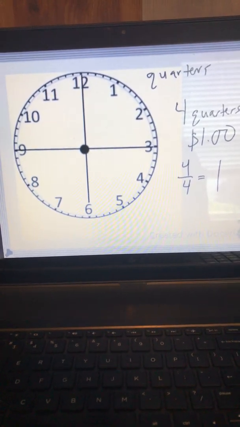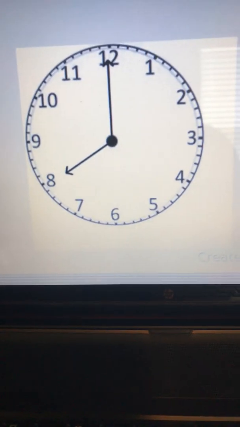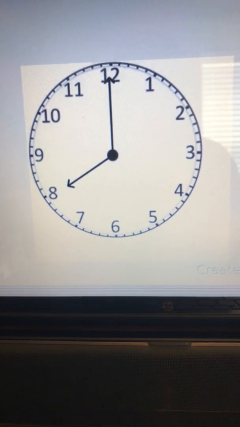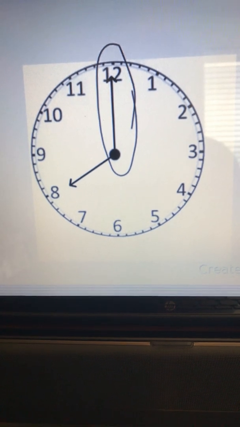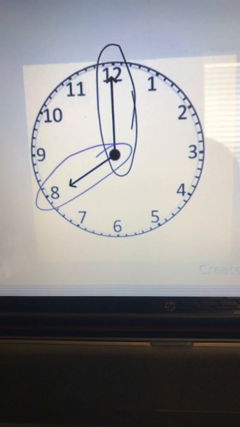Alright, so first I'm going to show you this. I've got the time 8 o'clock shown on this clock. If you notice, the minute hand is pointing up at the 12, and the hour hand is pointing down at the 8.